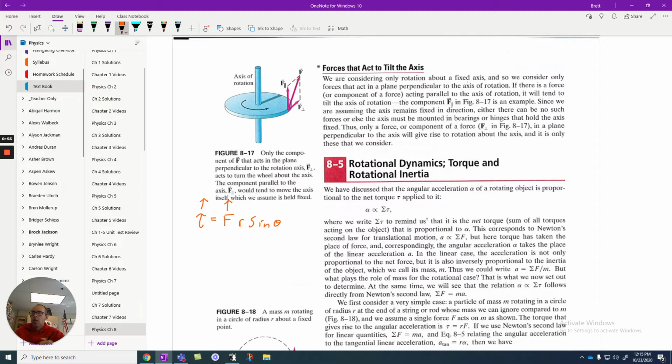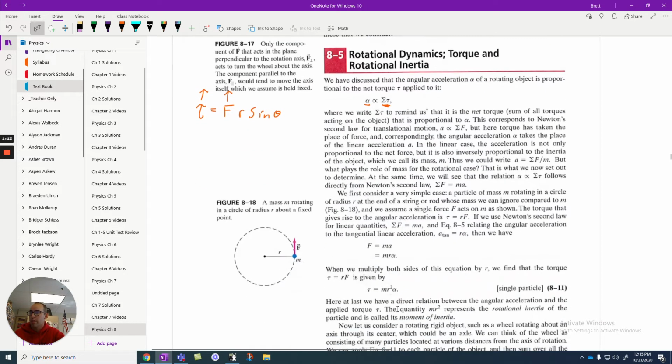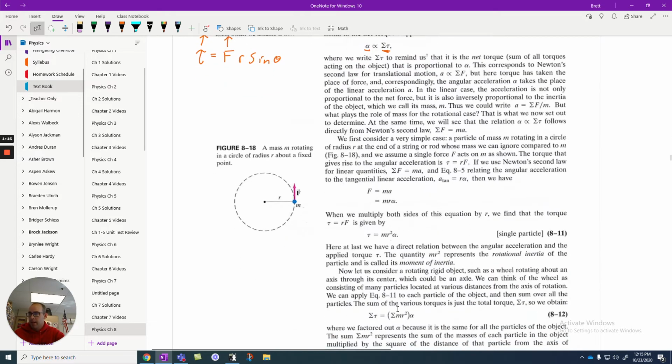in terms of angular quantities. And so what we learn is that alpha, our angular acceleration, is proportional to what we call the net torque or the total torque. And there's this relationship that must exist between how quickly something is accelerating and rolling over itself and how much torque is applied.